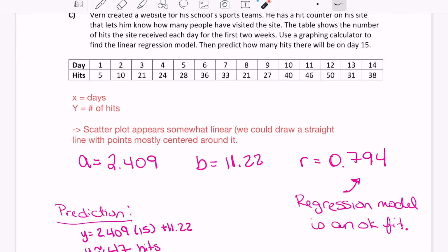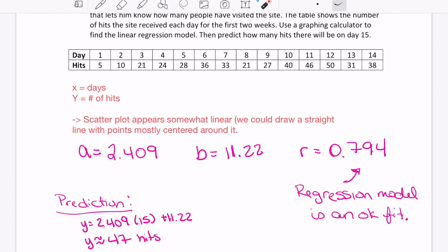Okay, let's talk about this. First of all, you should have determined that days was your independent variable and Y was your dependent variable, which is the number of hits. Okay, so you plugged it into your calculator. Top row was list 1, bottom row was list 2. After plotting it, you can see that the scatter plot appears to be somewhat linear, meaning we could draw a straight line somewhere through it, and most of the points would be centered around it.